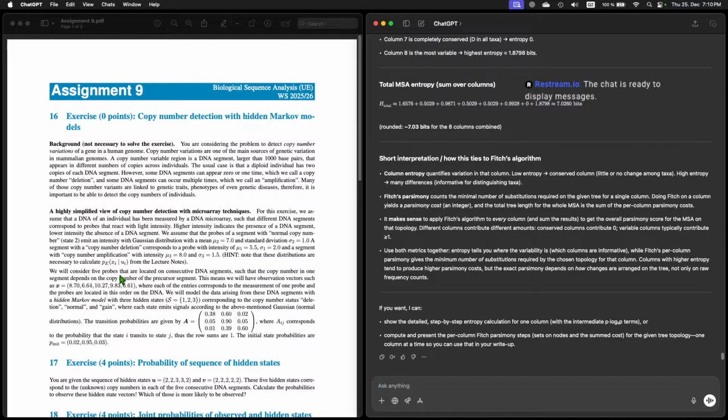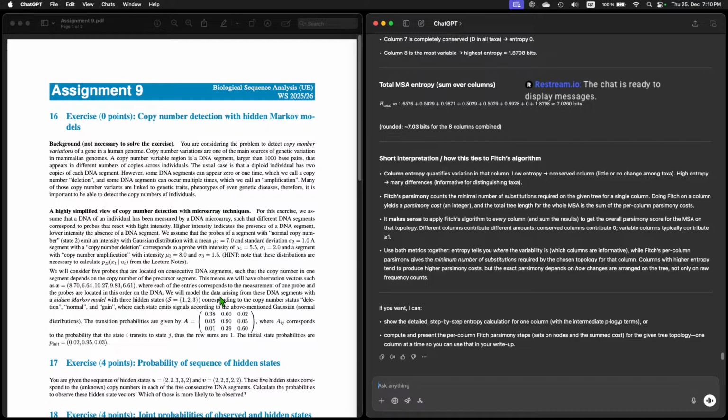We will consider 5 probes that are located in consecutive DNA segments, such that the copy number in one segment depends on the copy number of the preceding segment. This means we will have observation vectors x, where each of these entries corresponds to the measurement of one probe, and the probes are marked in this order of the DNA.